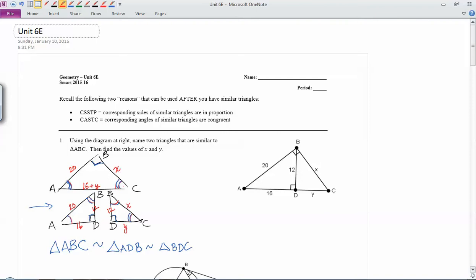Okay, so let's try solving for x. So if we look at x, let's match up some sides here. X, right there, is the side between the one curve and the two curves. So in this triangle, that's going to match up with the 20. And in the top triangle, that's going to match up with the 16 plus y, right here.